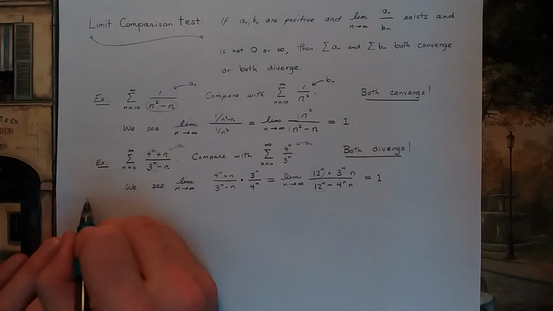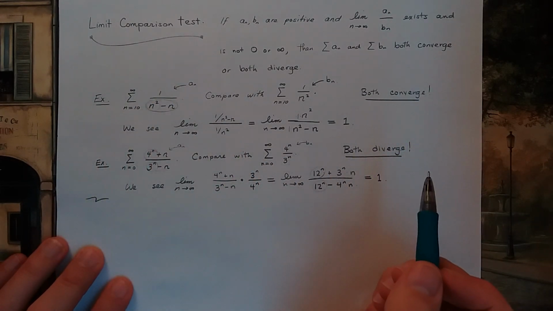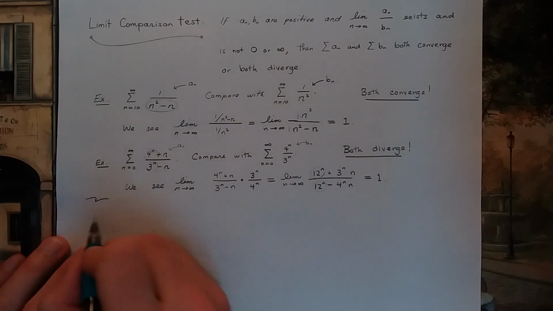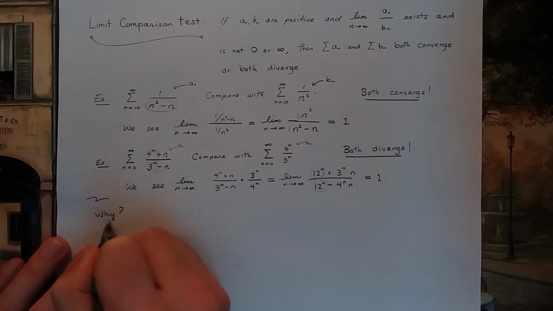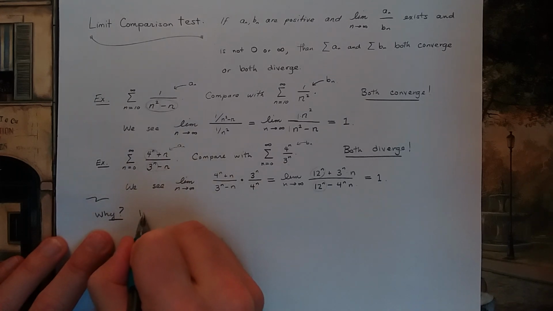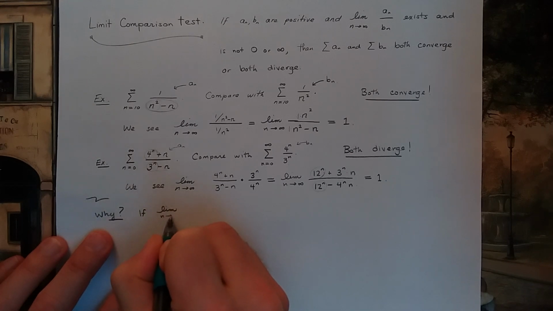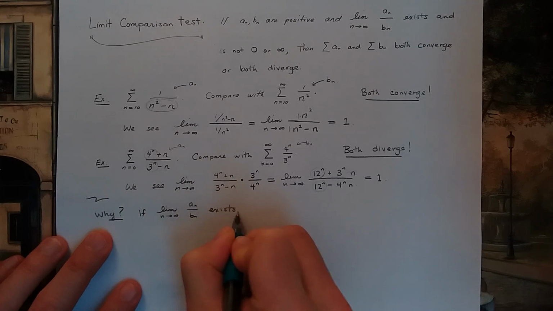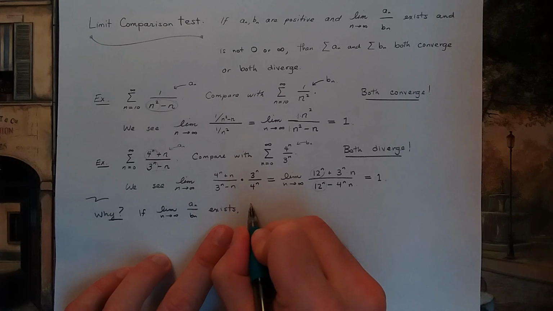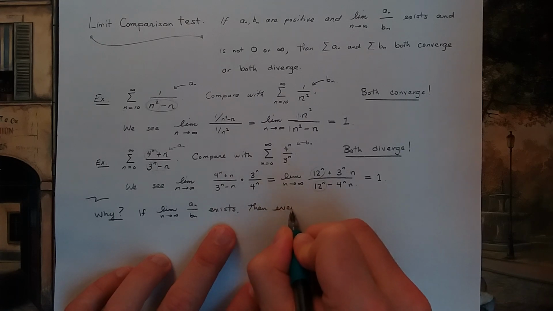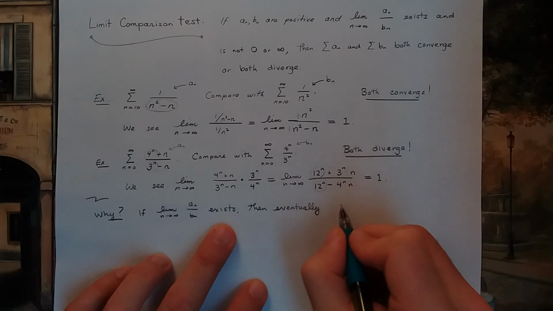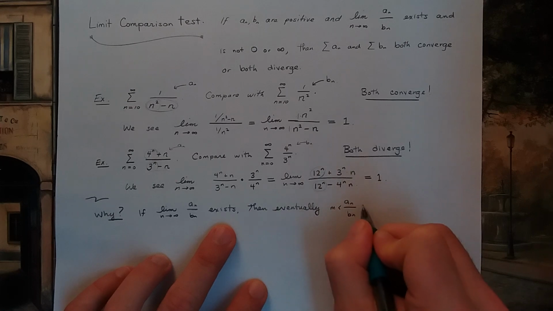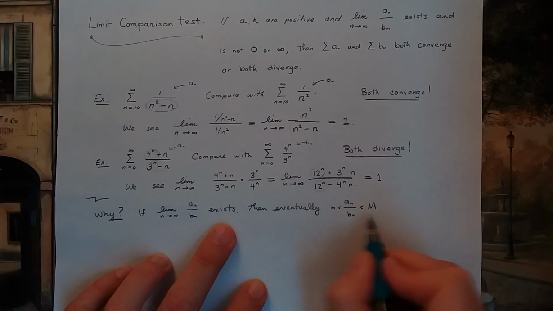Okay, so that's the limit comparison test. But I'd like to show you why this is actually true. It's not that complicated of a reason. So why does this work? Well, if the limit exists, then eventually the values a_n over b_n have to be in between two positive numbers.